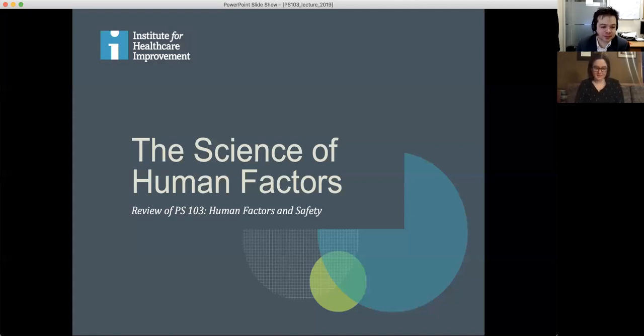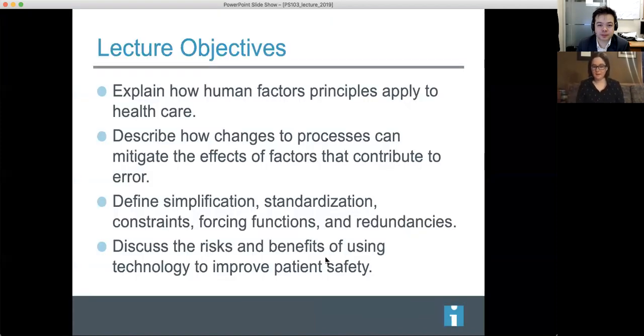Great. So today's topic, to start with, is the science of human factors. Here we go. The aims of today are to explain how human factors principles apply to healthcare, describe how changes to processes can mitigate the effects of factors that contribute to error, define some concepts: simplification, standardization, constraints, forcing functions, and redundancies, and discuss risks and benefits of using technology to improve safety.